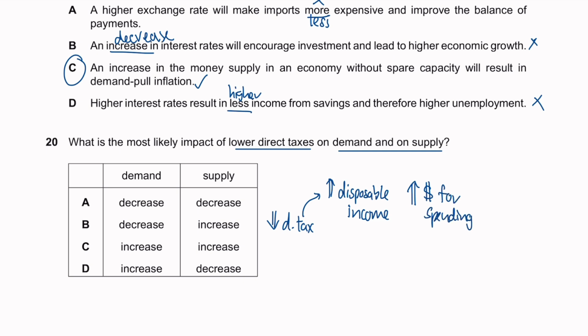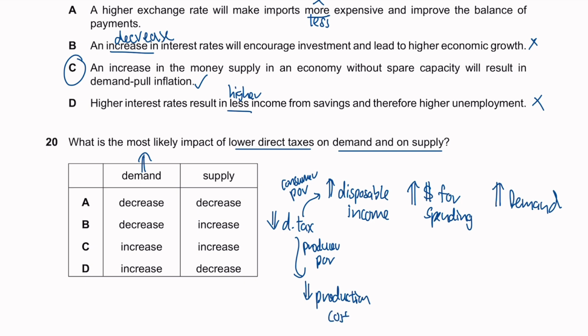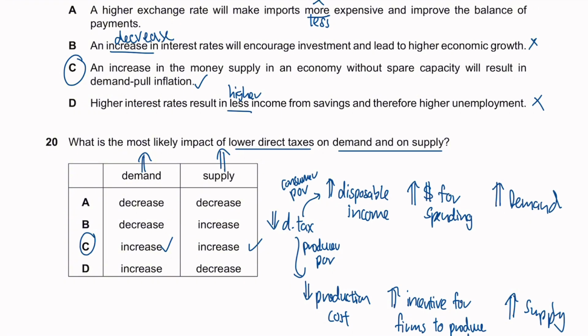When you have more money, you tend to spend more and this increases the demand. So on the first part, you look at the consumer's point of view. For the supplies, you look at the producer point of view. So now, you'll reduce the production cost. This creates an incentive for firms to produce more goods. So, as a result, this increases the supply. So, I know that the answer is C.